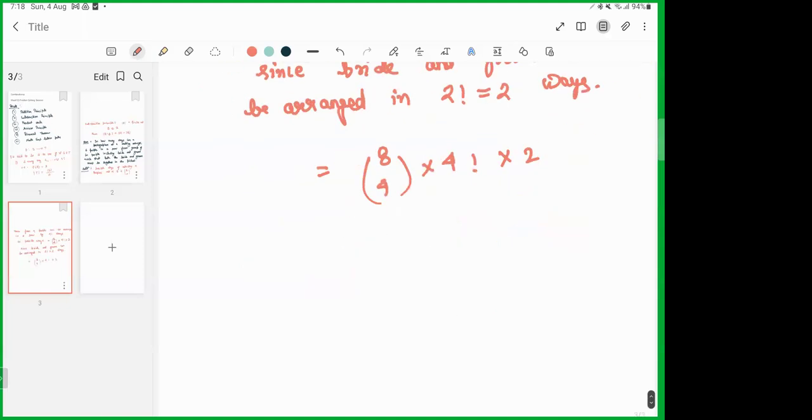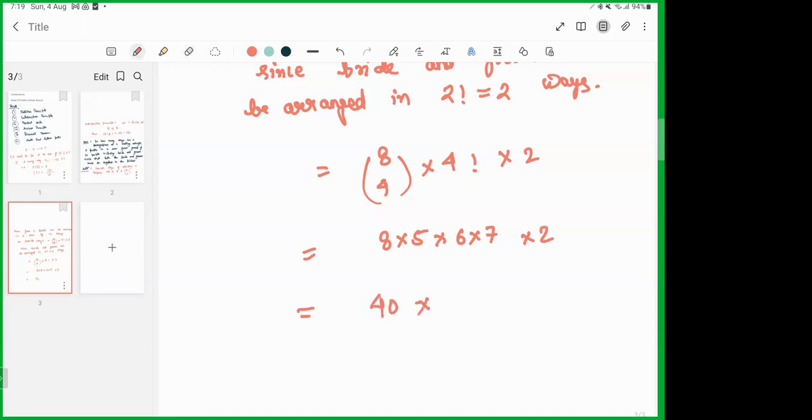So this quantity will come out to be 8 times 7 times 6 times 5 by 4 factorial, times 4 factorial, so both of them will cancel out, then into 2. So compute this. 6 times 5 is 30. I should compute it, right? This is not very difficult.